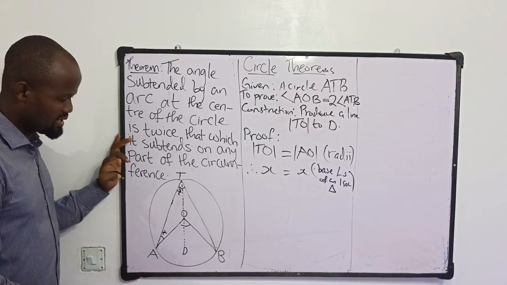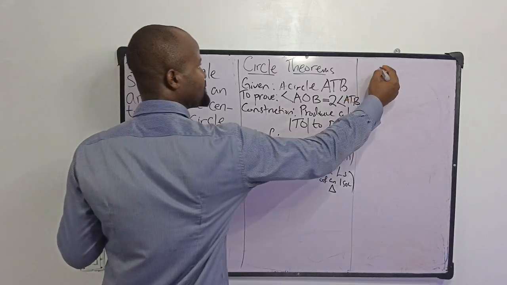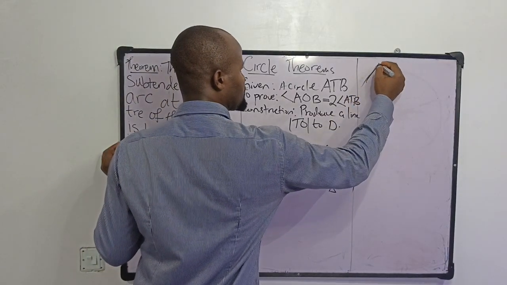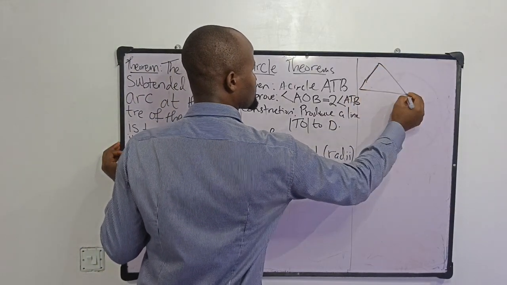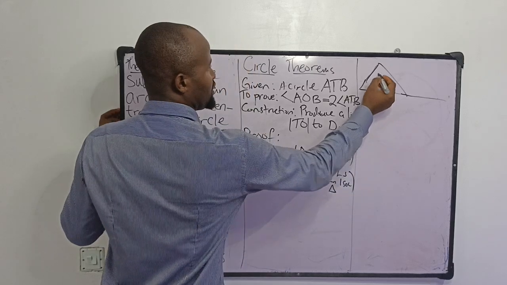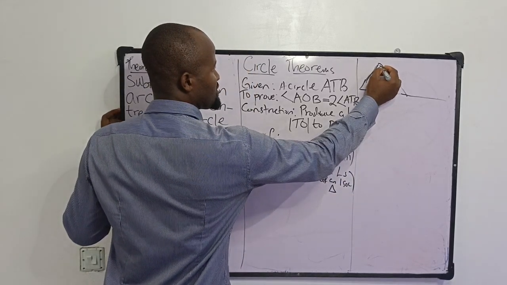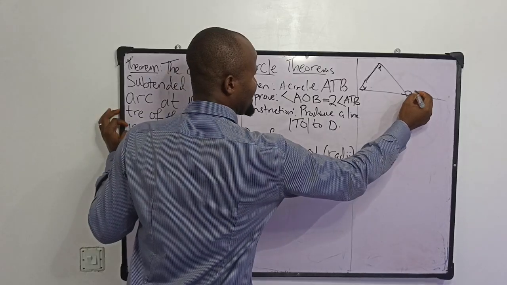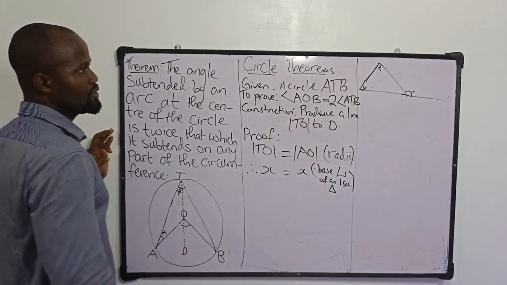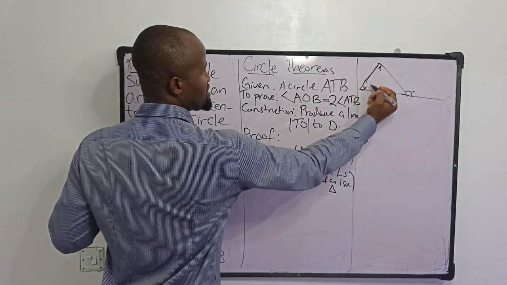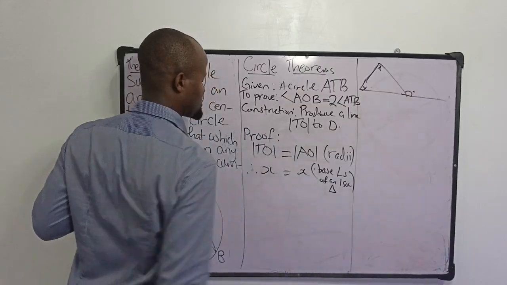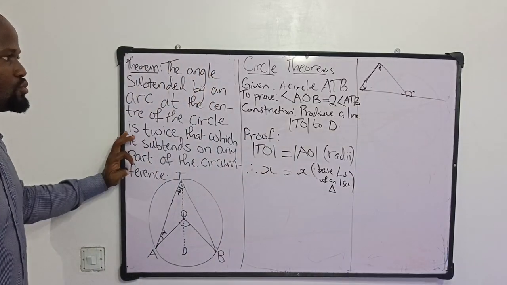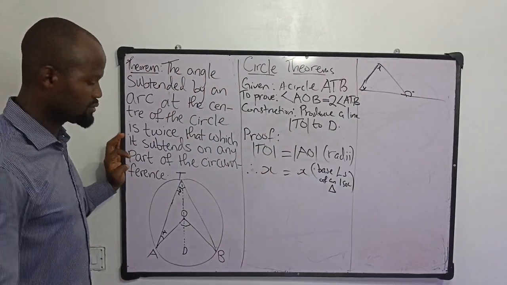So there's a rule that says that if you add, this is a triangle, if you add the opposite sides of a triangle, it will give you the exterior angle. So if this is a triangle, these are the opposite sides. When I add them, it gives me what is in the exterior. That is a rule in mathematics, triangles, all right?